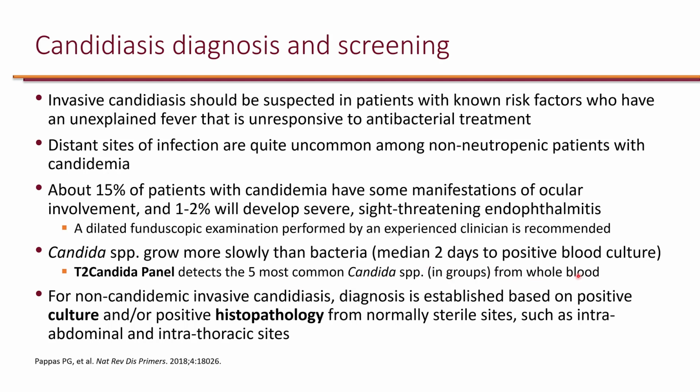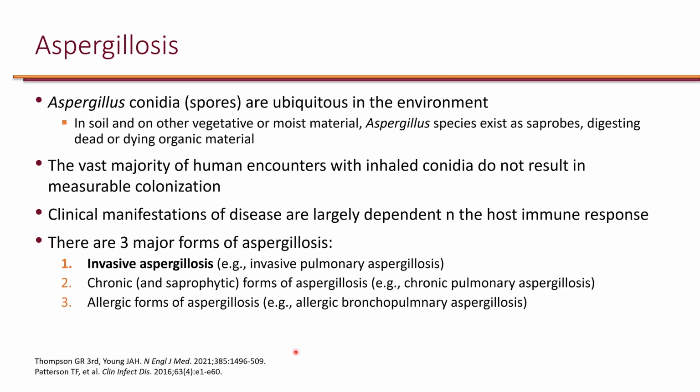And it can do it from the whole blood, so you don't have to wait for 2 days for the colonies to grow. Now, outside of the blood, the diagnosis is essentially dependent on culture and or a positive histopathology from normally sterile sites, such as intra-abdominal or intrathoracic sites.